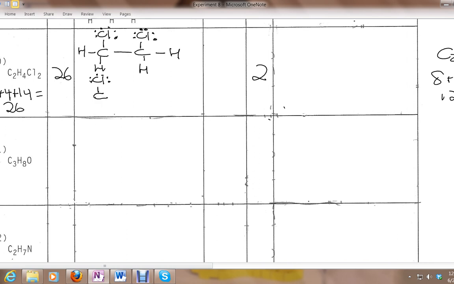And that would be, let's put it over here, wherever you want, because it is equivalent to all of the other positions. And in this case it would be optical, or could be geometric. So here, this would be the H. We change this H for chlorine, and this would be the second isomer.